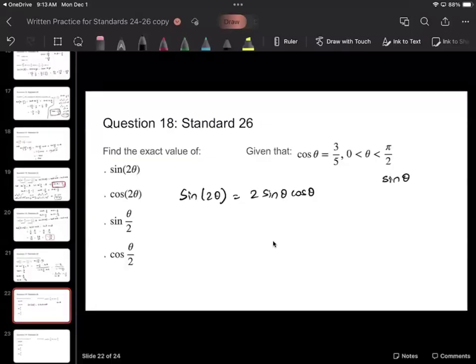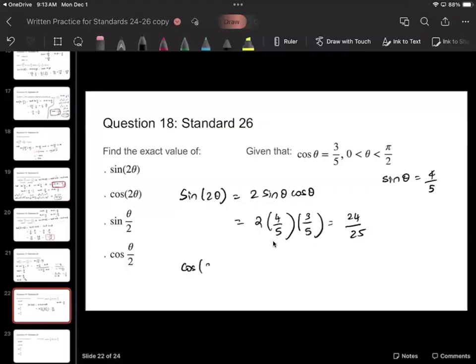Whenever you have 3/5 as a value, you know that the other value is 4/5, and this is quadrant 1, so I automatically know that sine theta is 4/5. I don't have to do too much calculation for a 3, 4, 5 right triangle. So then I substitute: 2 times 4/5 times 3/5 is 24 over 25.